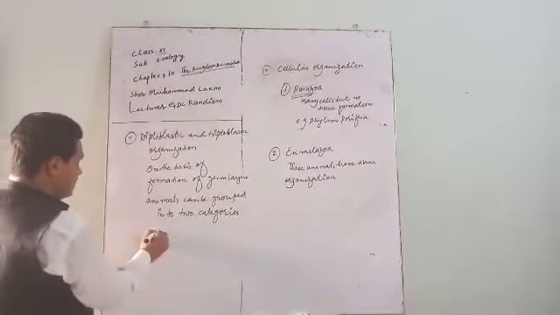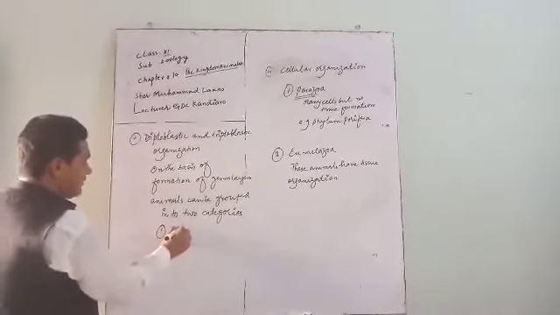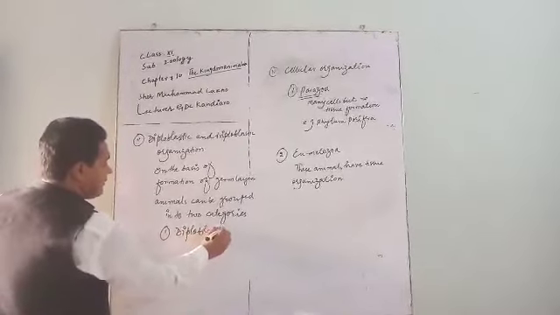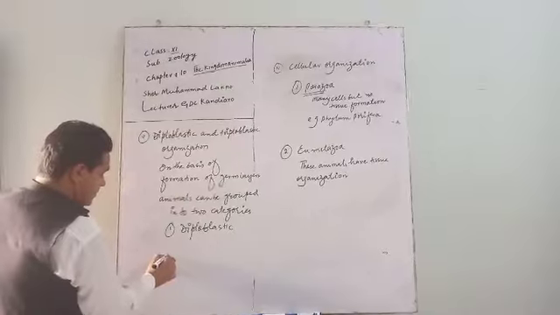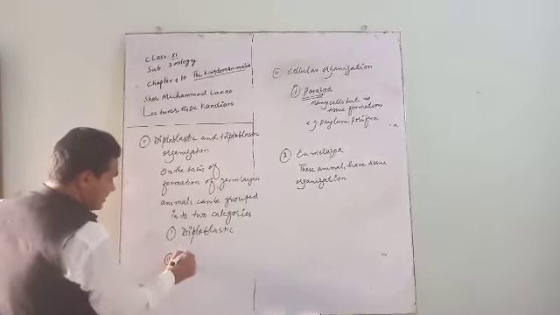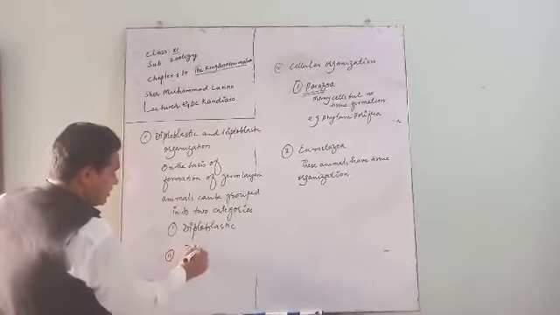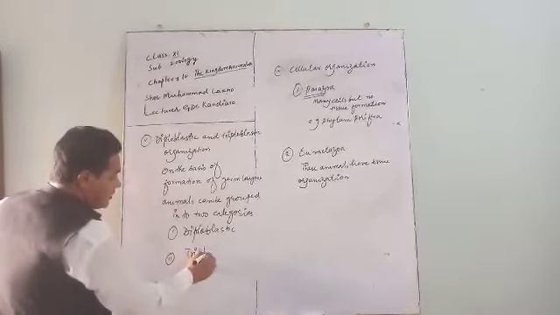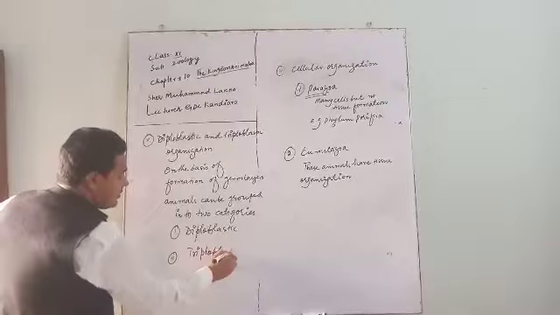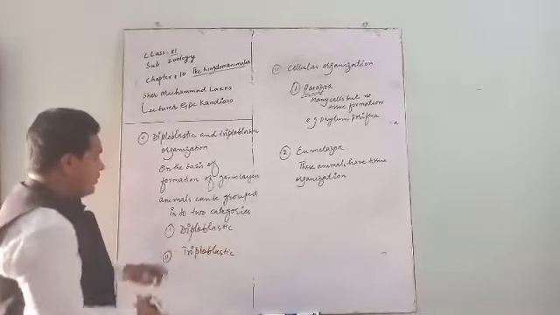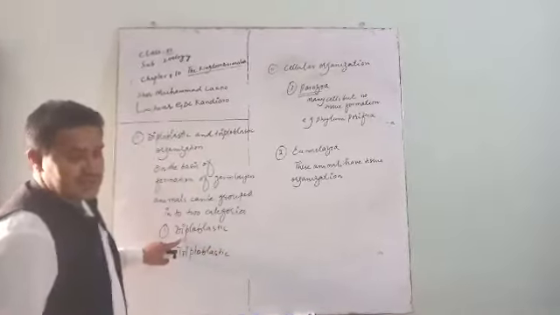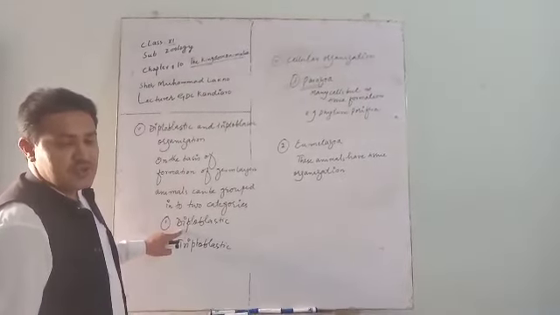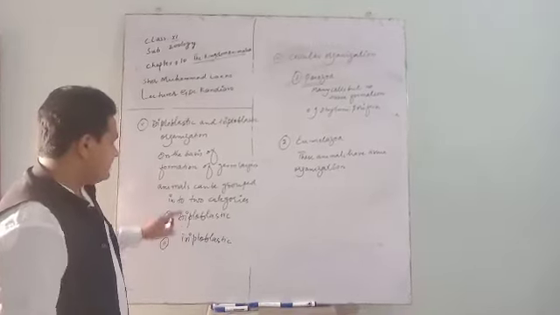Number one is diploblastic animals, and number two is triploblastic animals. Diploblastic animals are those animals whose body is composed of only two germ layers.